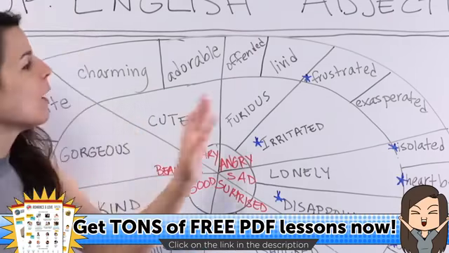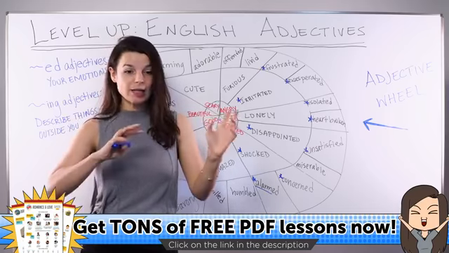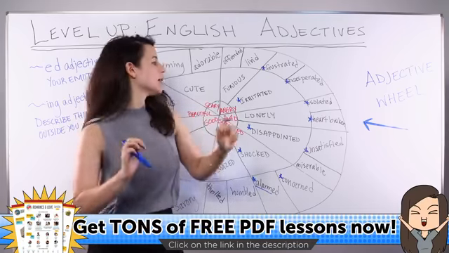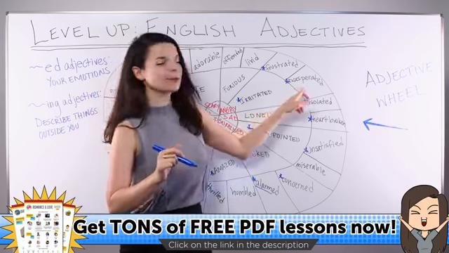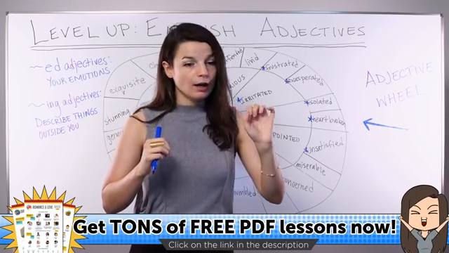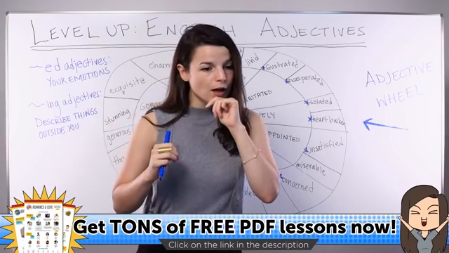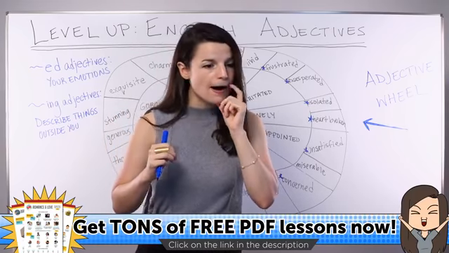So you can say, oh, I'm so exasperated, or this situation is exasperating. So frustrated and exasperated are quite similar, but I think exasperated is kind of a higher level, much more advanced vocabulary word than frustrated.